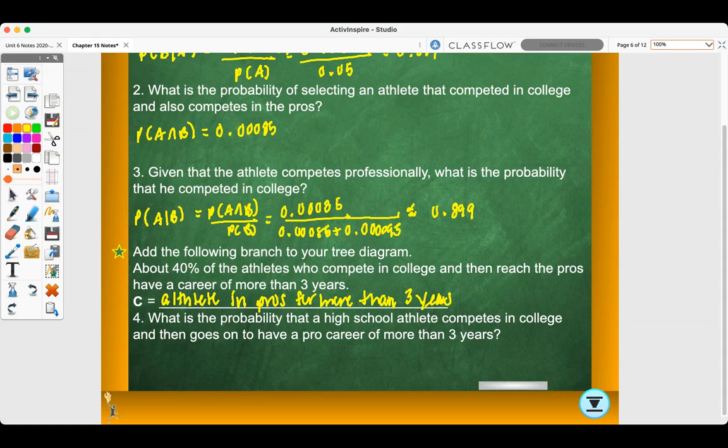So let's look at this problem. What is the probability that a high school athlete competes in college and goes on to have a pro career for more than 3 years? And that would be the probability of A intersect B intersect C, which we found to be 0.00034.